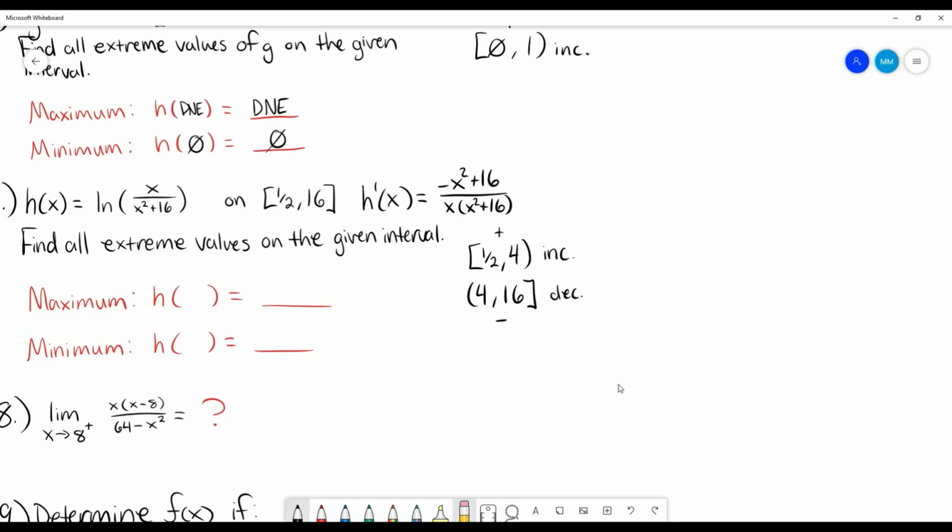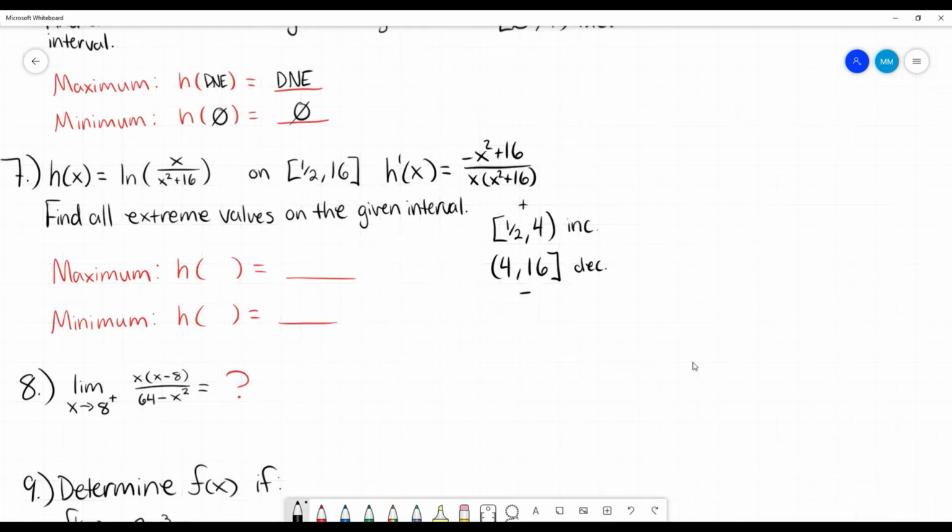Which means, and we can go ahead and draw this out, when x equals 1/2, all the way up to when x equals 4, it is increasing. That's what we determined.